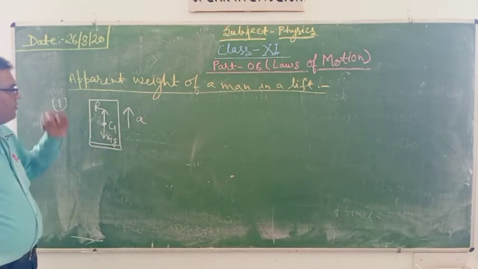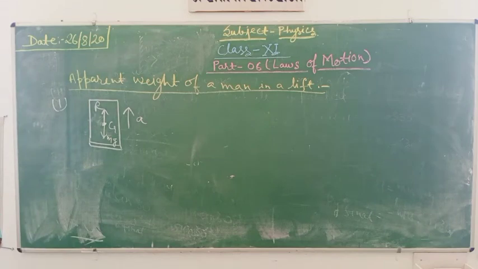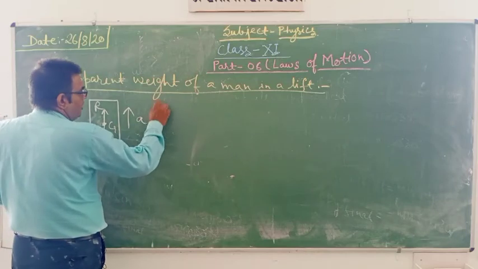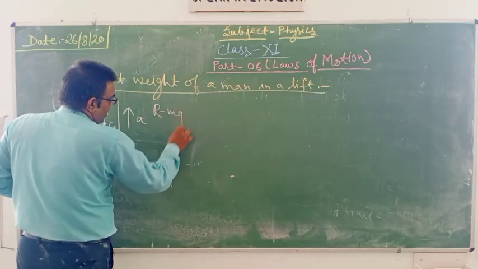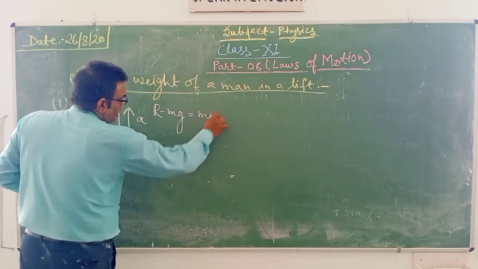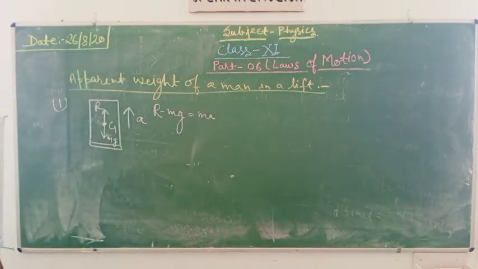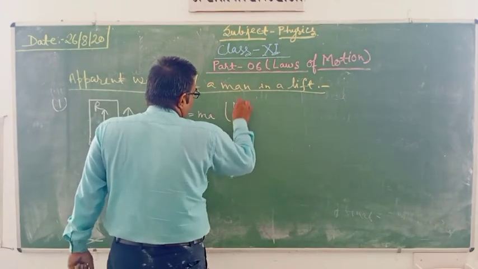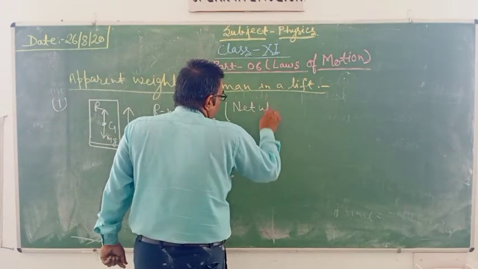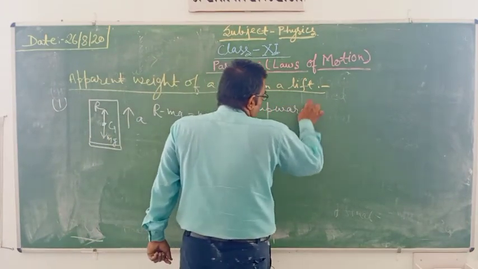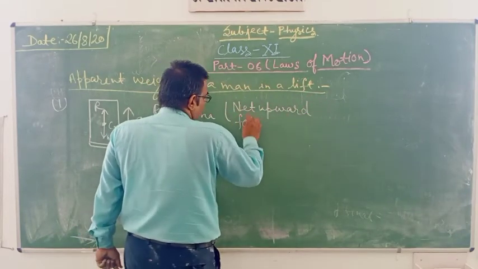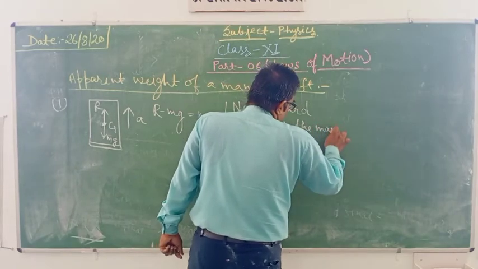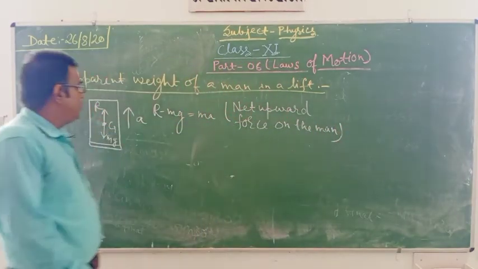So R minus mg, the net force, is equal to ma. This is the net upward force on the man.